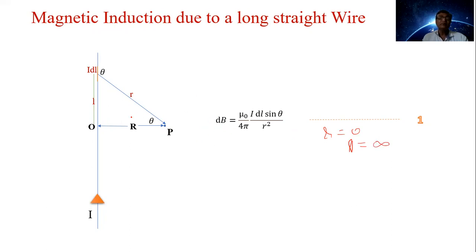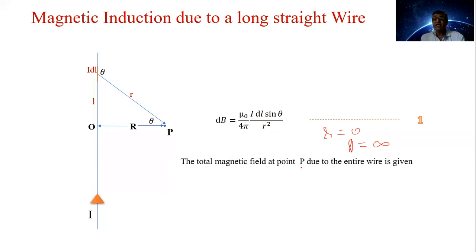The contribution is also due to all such current length elements in the lower half of the wire. In both cases, the direction of the magnetic field is the same, directed into the plane of the paper, and hence we add them for the total magnetic field at point P due to the entire wire.